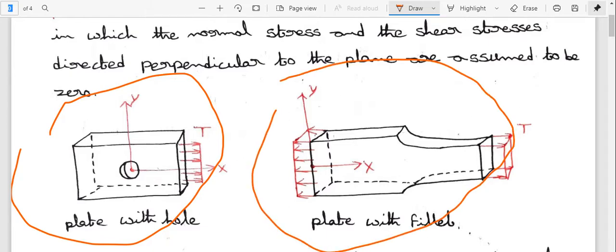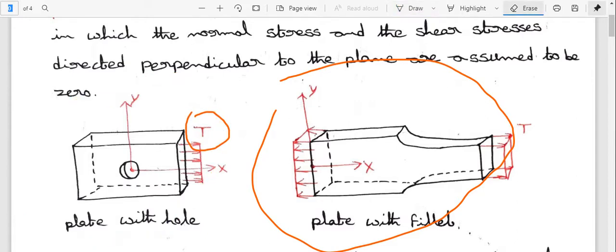First of all we need to know about the plate with hole. The plate in the xy plane is shown subjected to surface traction. So here T is the surface traction.